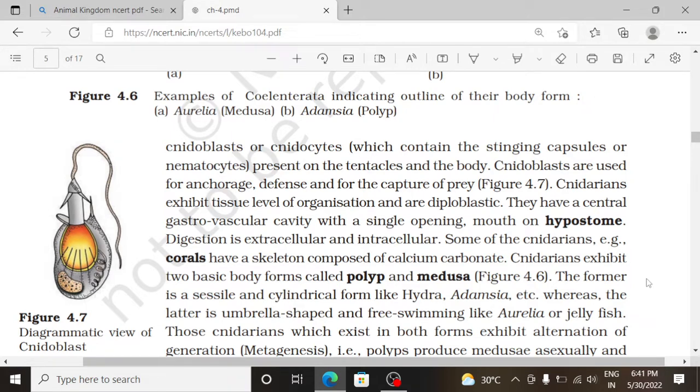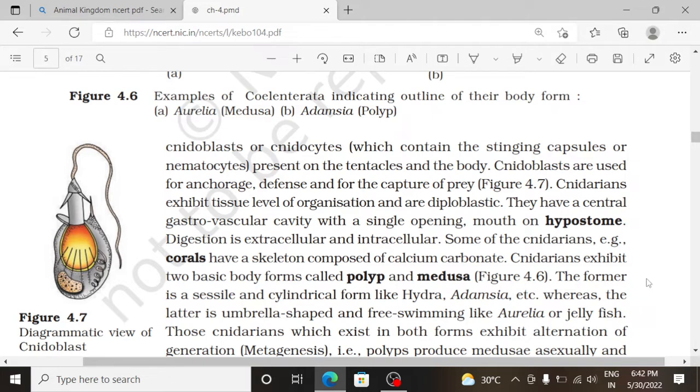It is actually pronounced as nidocytes or nidoblasts, but the spelling is C-N-I-D-O-B-L-A-S-T-S, C-N-I-D-O-C-Y-T-E-S. So just remember, cnidoblasts, cnidocytes, which contain the stinging capsules or nematocysts, present on the tentacles and the body. Cnidoblasts are used for anchorage, defense, and for the capture of prey.